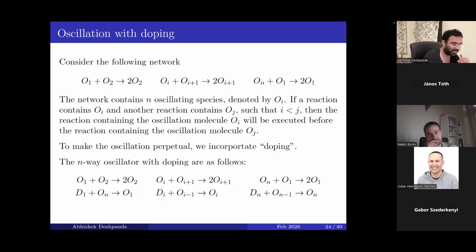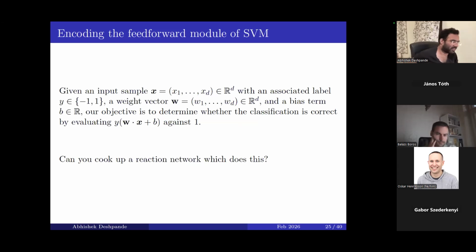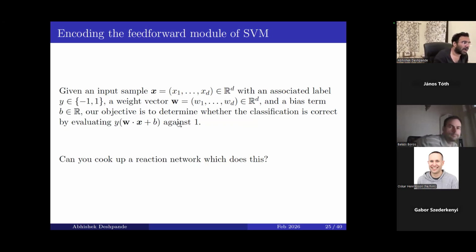Using these tricks, we are now ready to implement both the feed forward and the back propagation module of SVM. So here is the trick. Given an input sample and an associated label, our objective is to determine whether y times (W times x plus B) is greater than 1 or not. Can you cook up chemistry that actually accomplishes this?